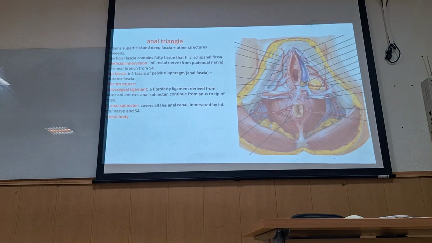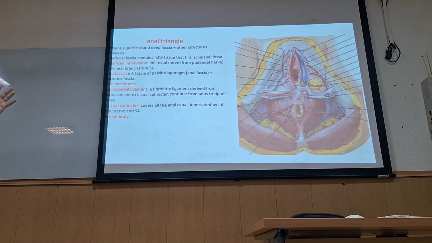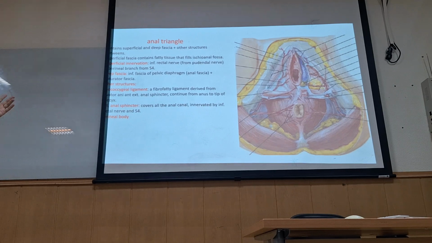In the anal triangle, like every part of the body, we have the skin, superficial fascia, deep fascia, and the structures which are located in the superficial fascia or deep fascia or deeper to the deep fascia.